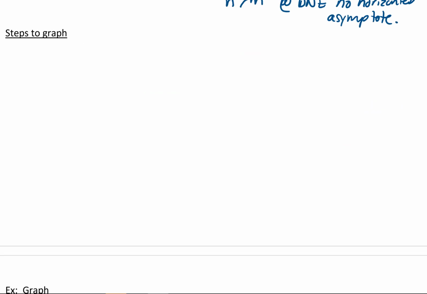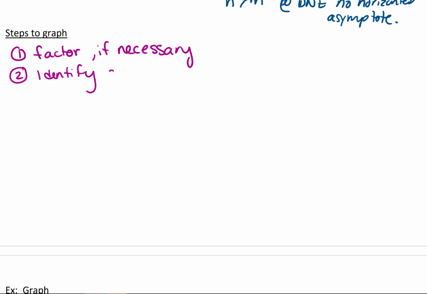Steps to graphing. For the first step, we're going to factor if necessary. So factor the numerator, factor the denominator. Then we're going to identify all vertical asymptotes. That's my shorthand for vertical asymptotes.